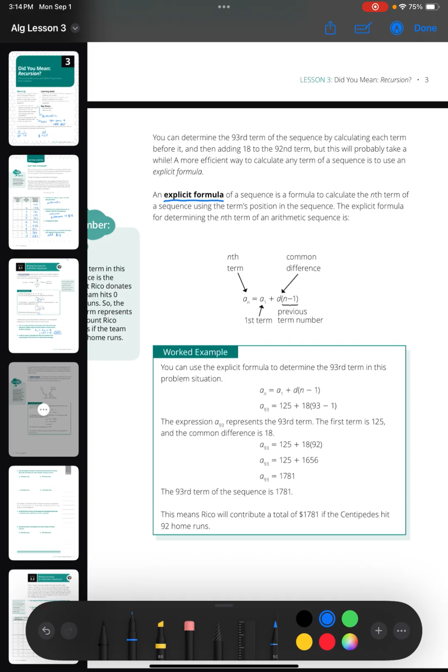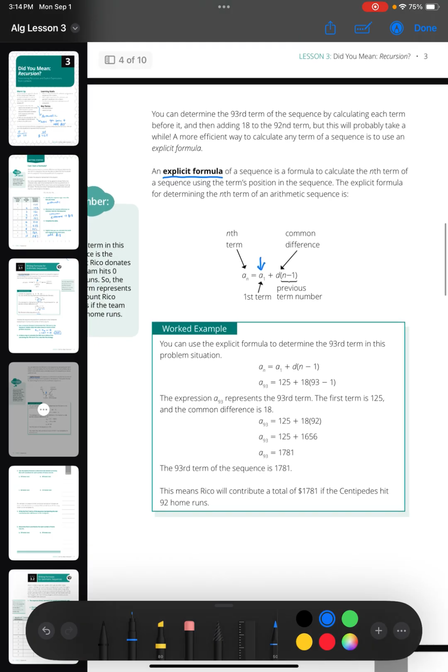The explicit formula for determining the nth term of an arithmetic sequence is: the nth term is equal to the value of the first term, plus the common difference times the previous term number. Not the previous term number's value, but the previous term number.